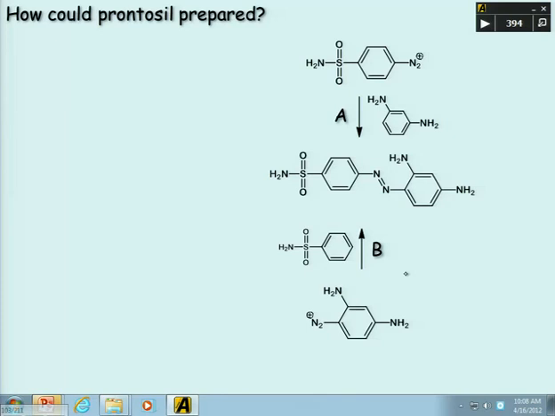Prontosil is red, and he fed 10 grams of this dye to his daughter. I can't imagine. She must have turned red with that much dye in her. But she lived. 10 grams is a lot. Who would take 10 grams of any antibiotic? But she lived, and boy, there was just a revolution.